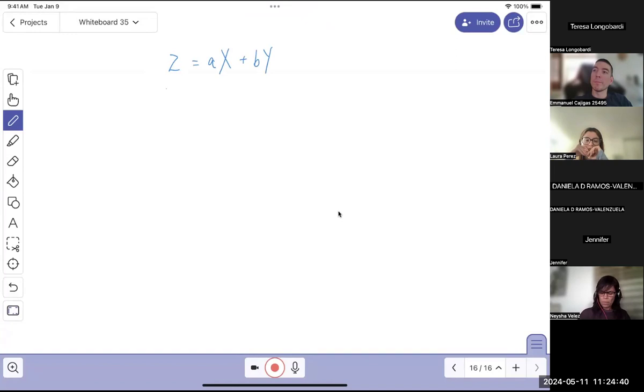I know the mean of X and I know the mean of Y, and I know the standard deviation of X and the standard deviation of Y. So these are all available to me. So what will be the mean of the new variable Z?